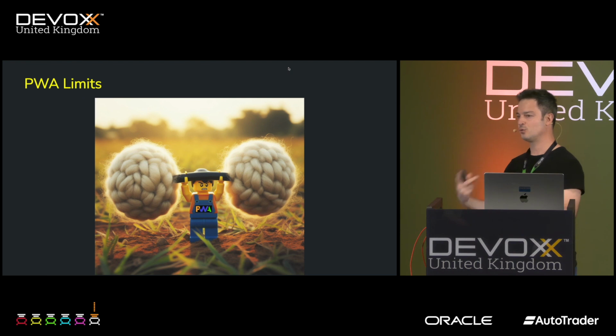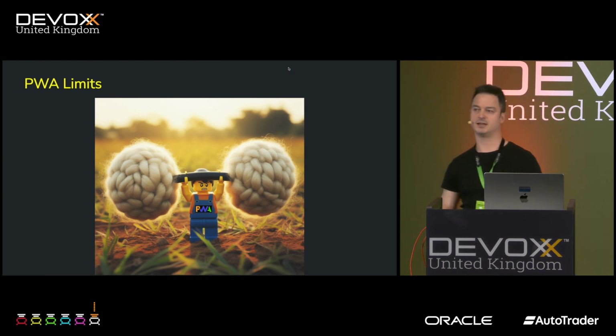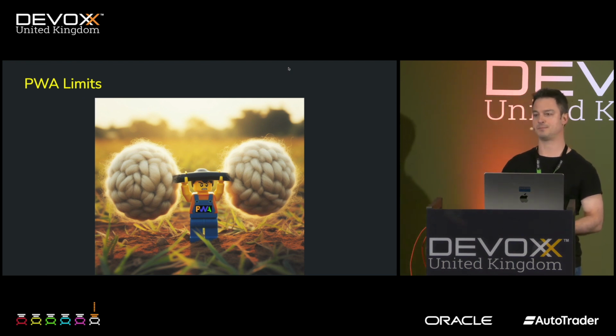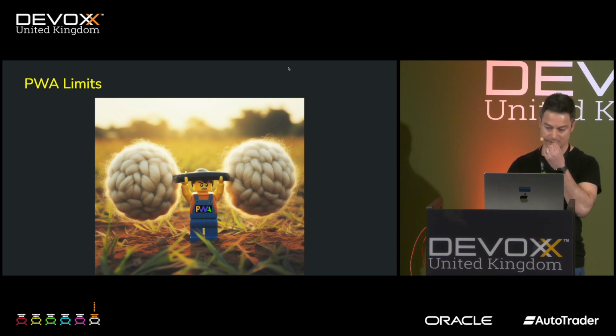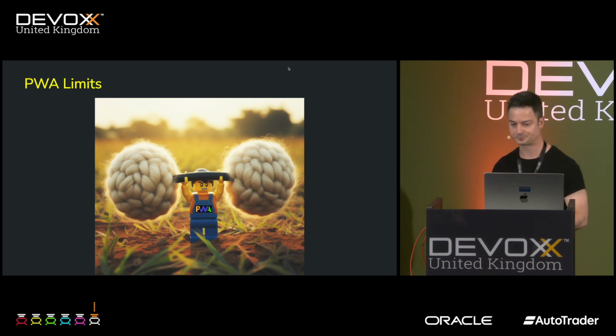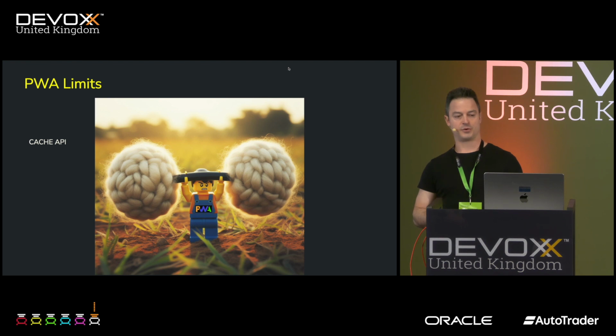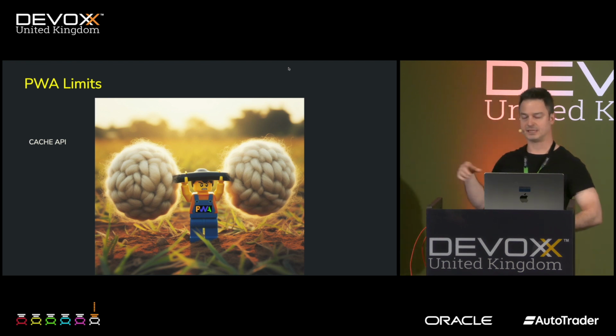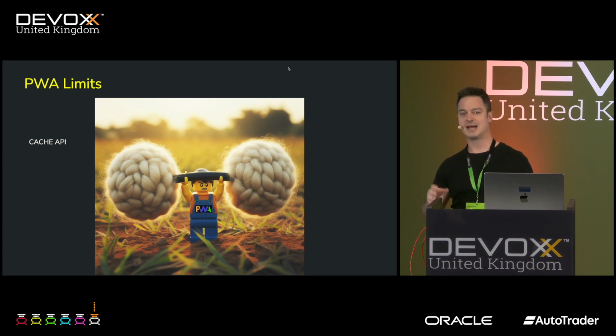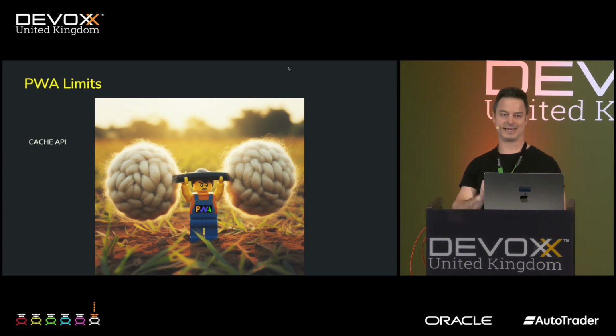So far, we listed many benefits of progressive web apps. However, indeed, there are also some limitations. First of all, the Cache API, which we have seen is used to check whether some assets are present in the cache or not, allows caching only GET requests. That means that if we request something through a GET call, then we can cache that.